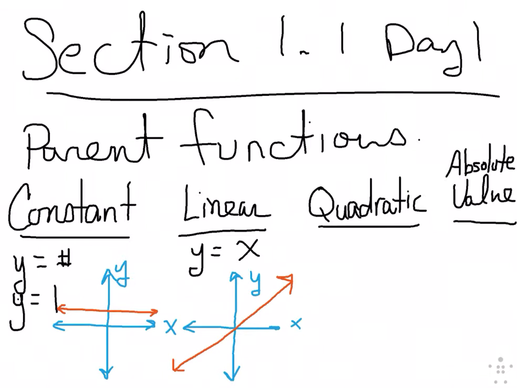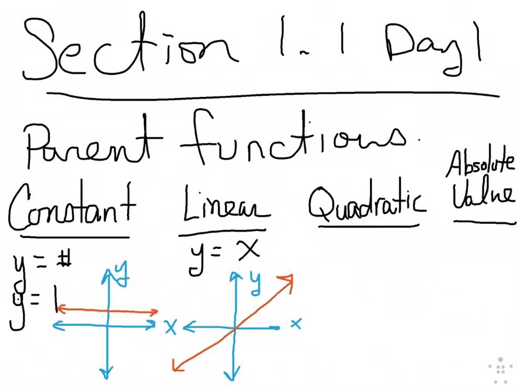Does anybody remember what that middle one's called? Origin, right. Where the 2 blue lines cross each other, right in that middle, is called the origin. So if your diagonal line goes through the origin, that is considered linear.